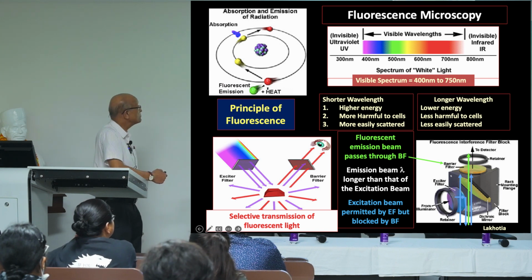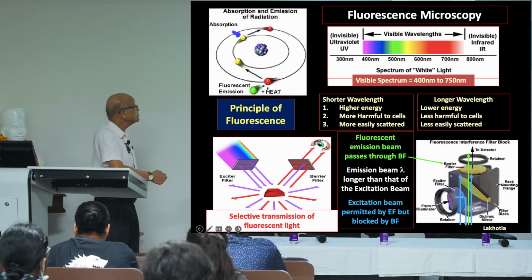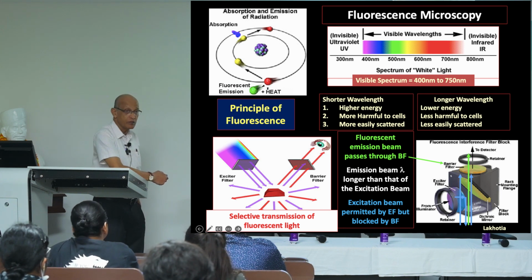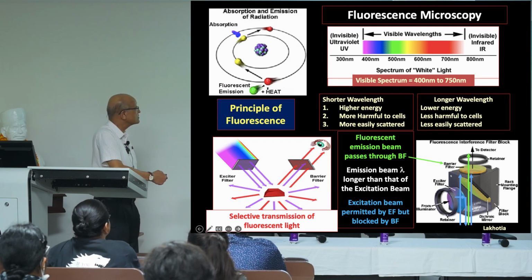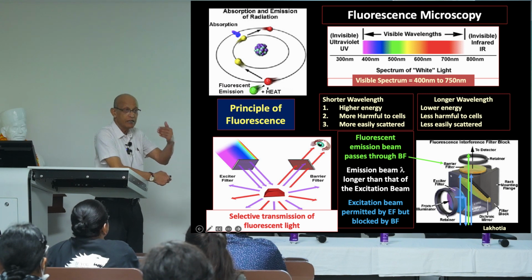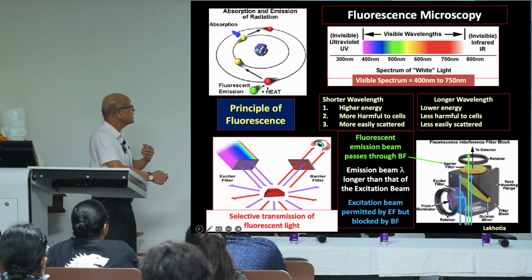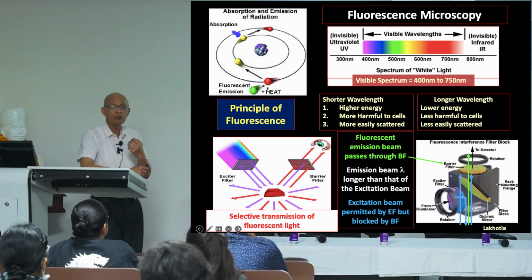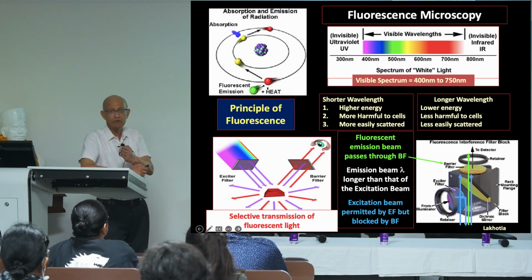If some particular wavelength of light energy falls on this electron and it acquires more energy, it jumps to an outer orbit. This is an unstable state, which we call the excited state. When it comes back on its own, it must give out that energy, and that energy is given out as light, but some amount as heat, and therefore the light that comes out has a longer wavelength, because the energy of each wave depends on its wavelength.